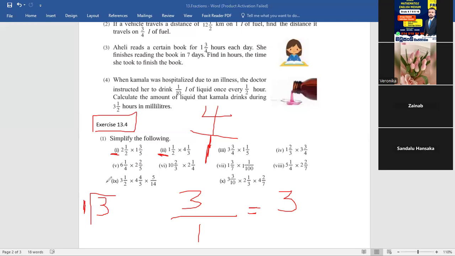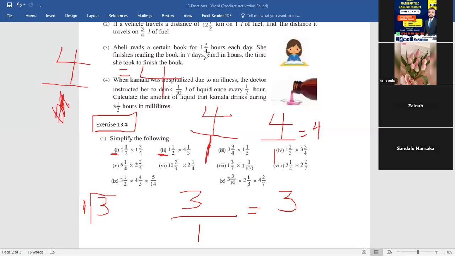What would be the answer? 3. Yes. 4 divided by 1, what is the answer? 4. I told you at the beginning of the class, there is something like divide by 1. We are not going to mention it in the denominator. Just write the value 4, 5, or whatever, and keep that in your mind.